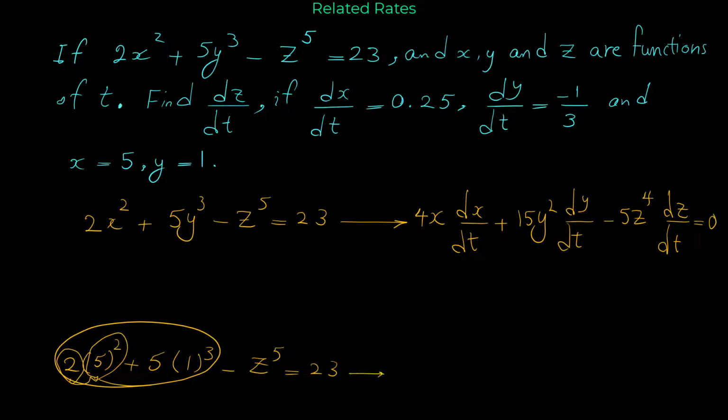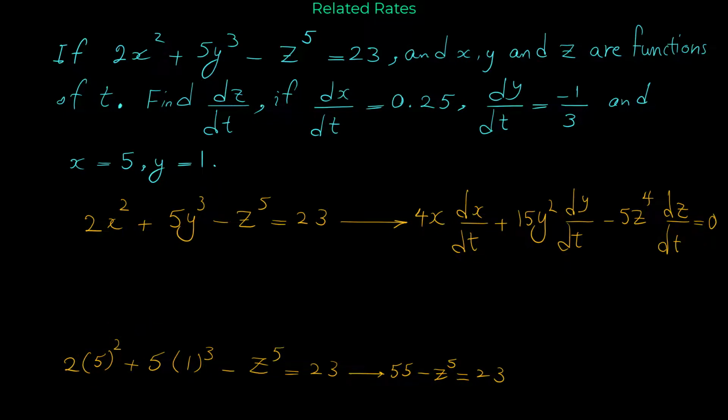So we have 55 minus z to the 5 is 23. If we move the 55 to the other side, 23 minus 55 is negative 32. So negative z to the 5 is negative 32. If we cancel the negative from both sides, then z to the power of 5 is 32.